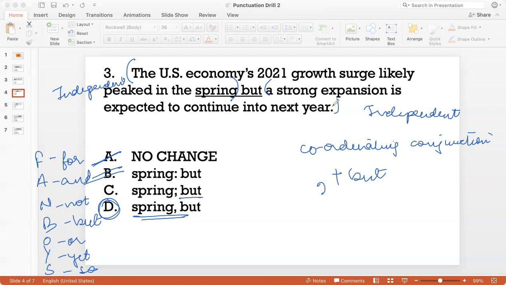I can also use a semicolon if, instead of the conjunction, I'm using a contrasting connector like however.